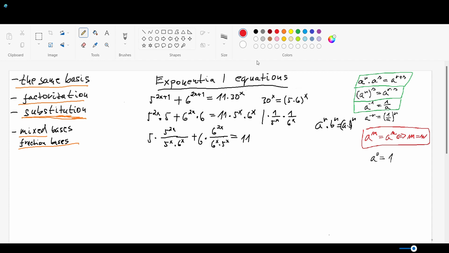Now, as you can see here, the numerator has 5 to the power of x times 5 to the power of x, which means that one of the 5 to the power of x in the numerator will be cancelled by the 5 to the power of x in the denominator, okay? And the same thing applies in our second fraction.